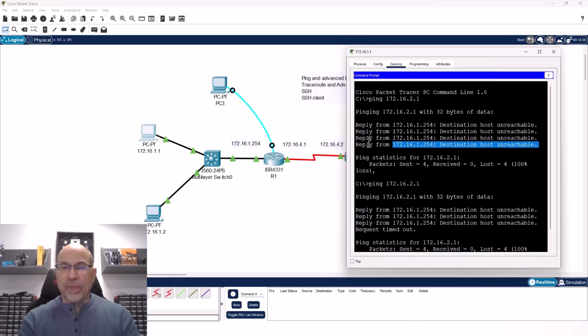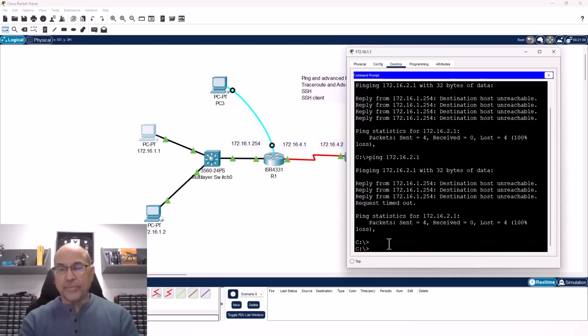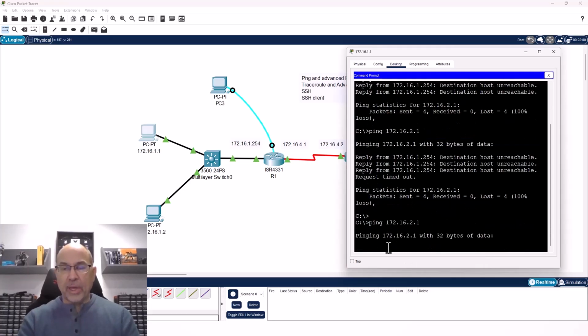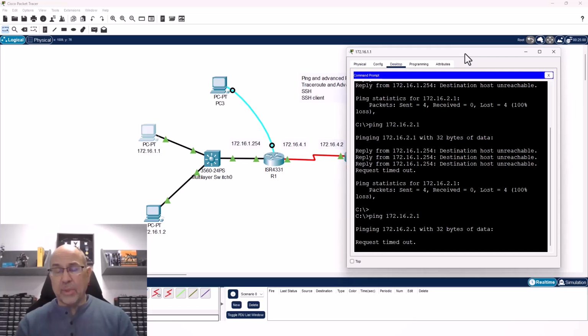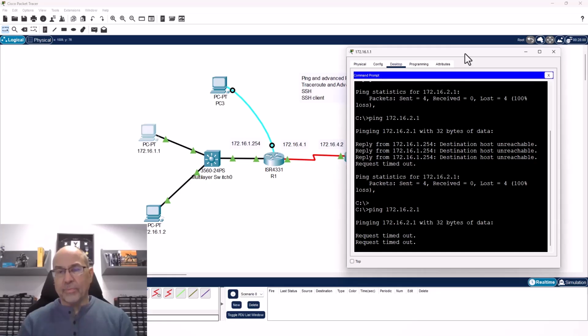Here it's clear that a router, if it doesn't know the answer, is going to tell me that it doesn't know the answer. But now if I ping, what happens? Well, now this is real time, so the traffic is attempting to get out there. And it times out.